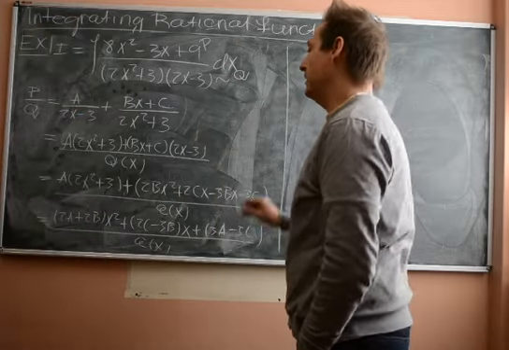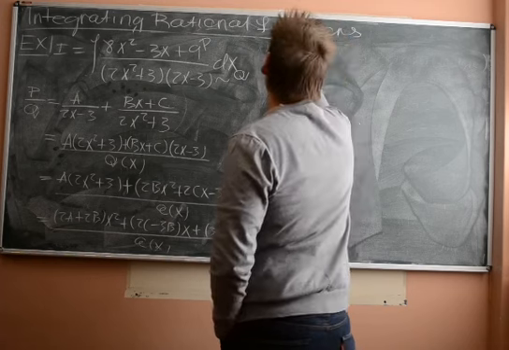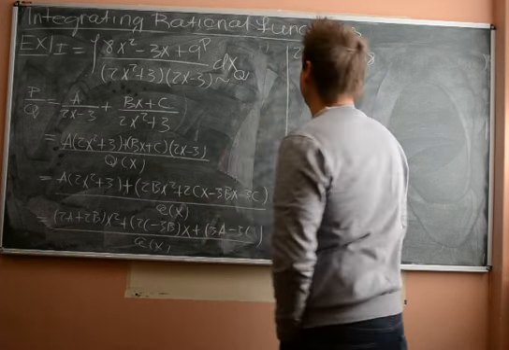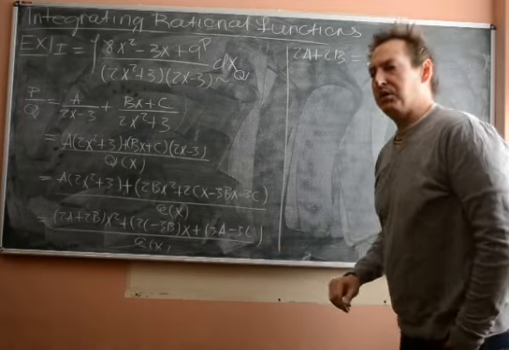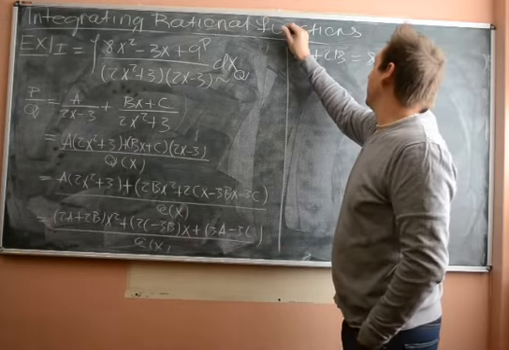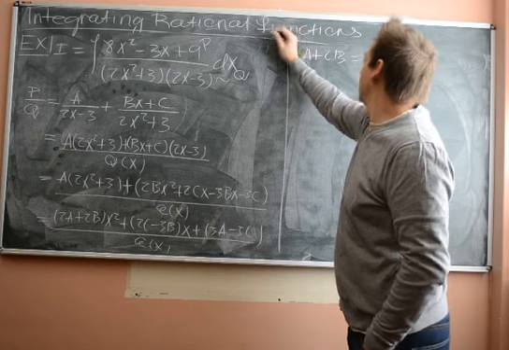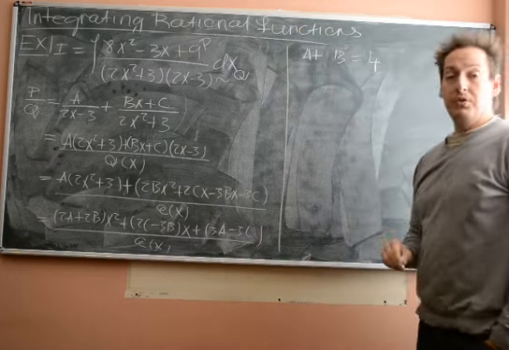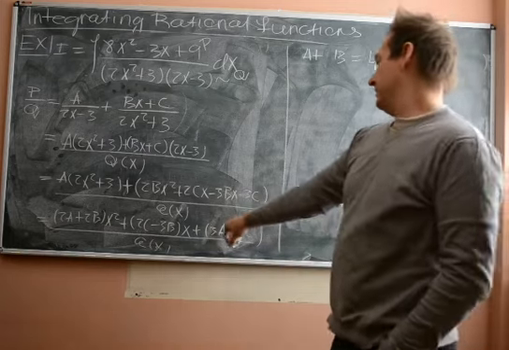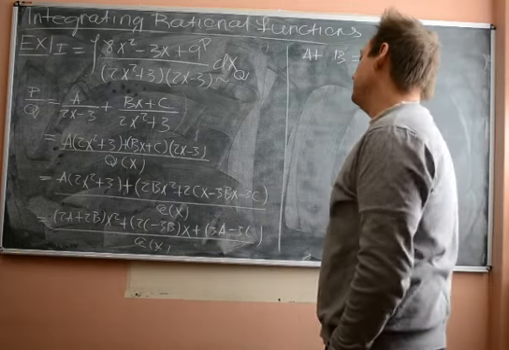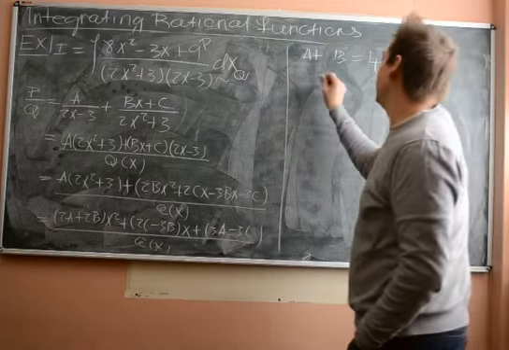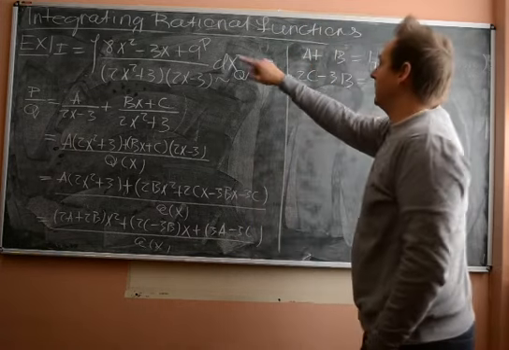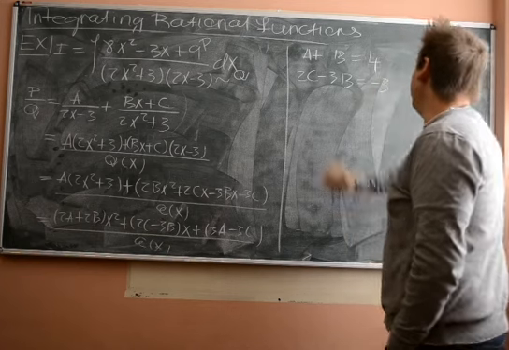For x², we get 2a + 2b = 8, and we can immediately divide by 2 and get a + b = 4. Second, for x we have 2c − 3b, and that has to be equal to −3.